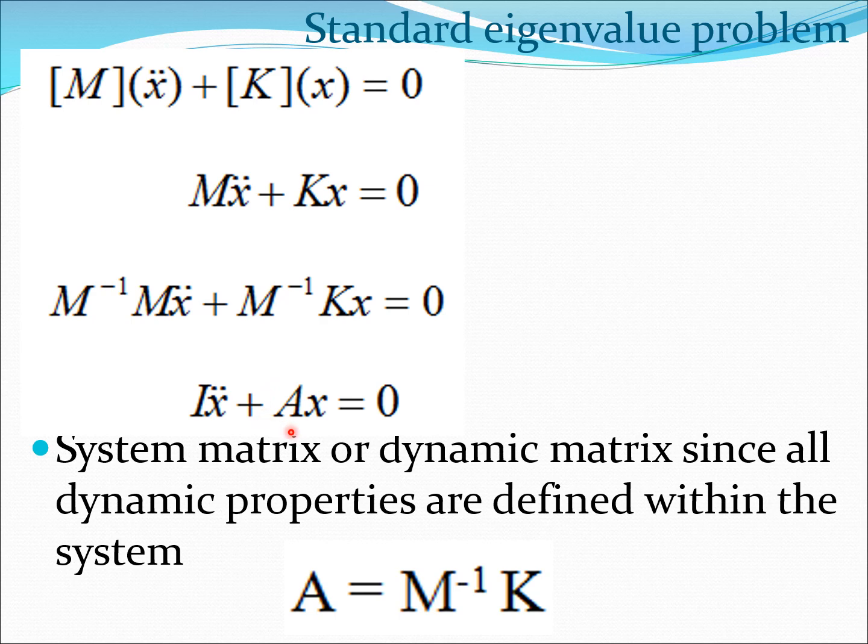It is also sometimes known as the system matrix or dynamic matrix, since all the dynamic properties are defined within this matrix. So A would be inverse of M into K, and essentially this contains the mass properties of the system, the stiffness property of the system, and this matrix, system matrix or dynamic matrix, essentially captures the complete system.